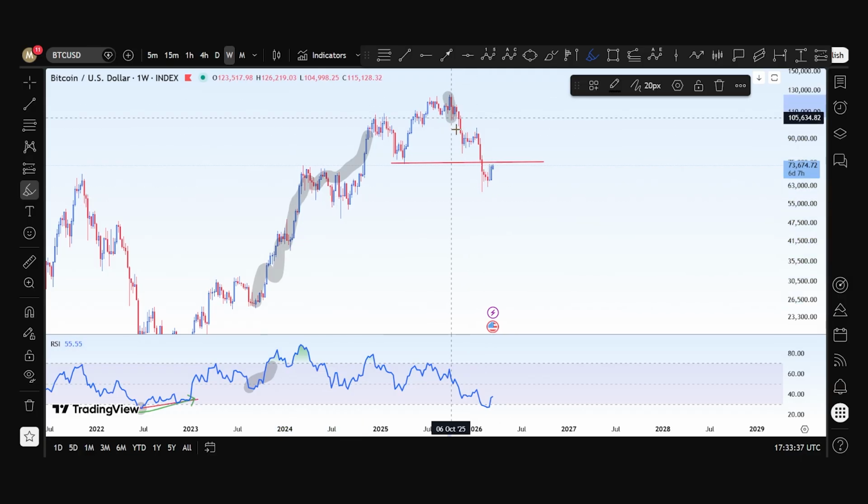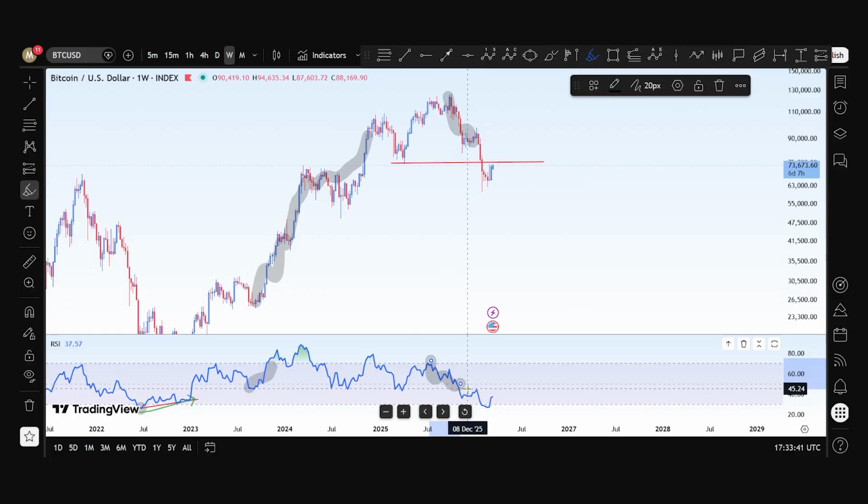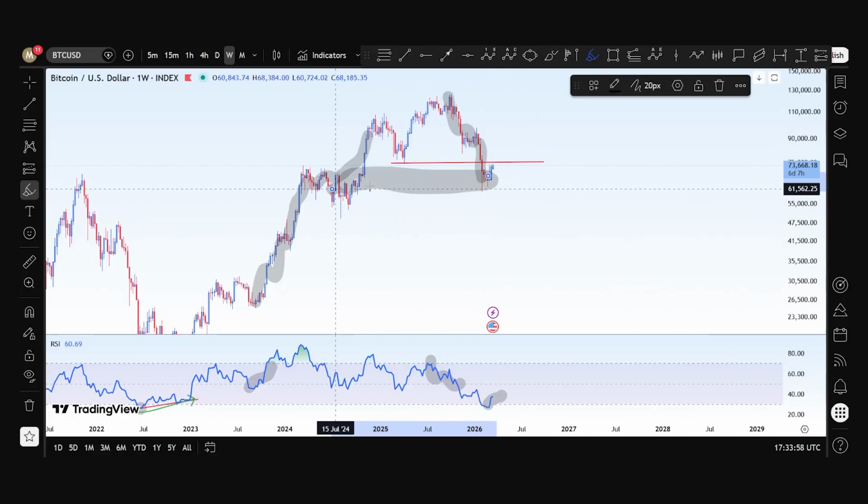And the same thing here, when the RSI is dropping, it means buyers are getting exhausted, so they stopped buying and only sellers were there, so price went down. But here we started to see some type of reaction on the RSI, which means some buyers bought at this area thinking that it could be the bottom.